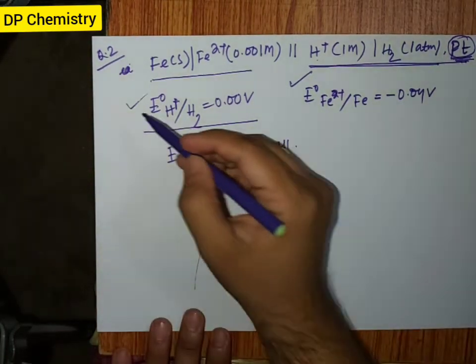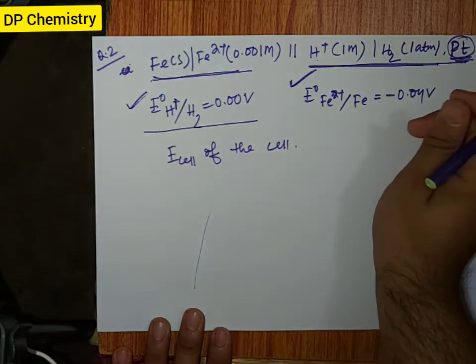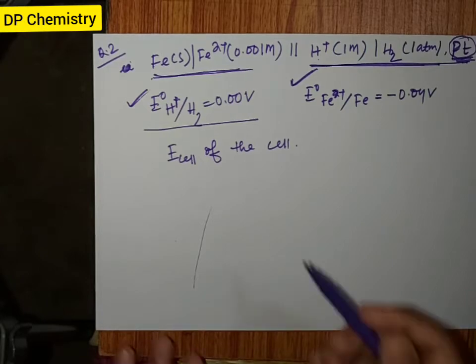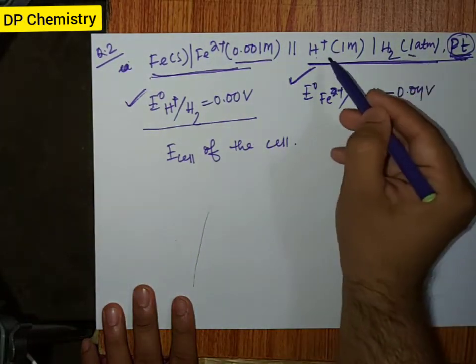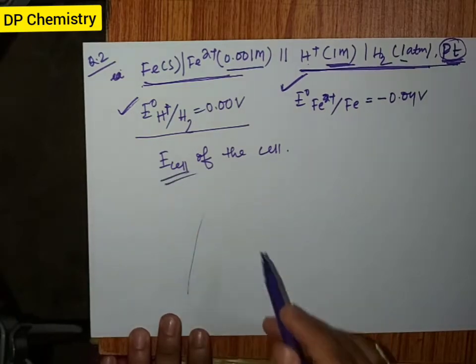You have been given the standard reduction potentials of the 2 electrodes. You can calculate the E naught cell from that. Then you have been given the concentration terms, so you can use them in your Nernst equation to calculate the E cell.